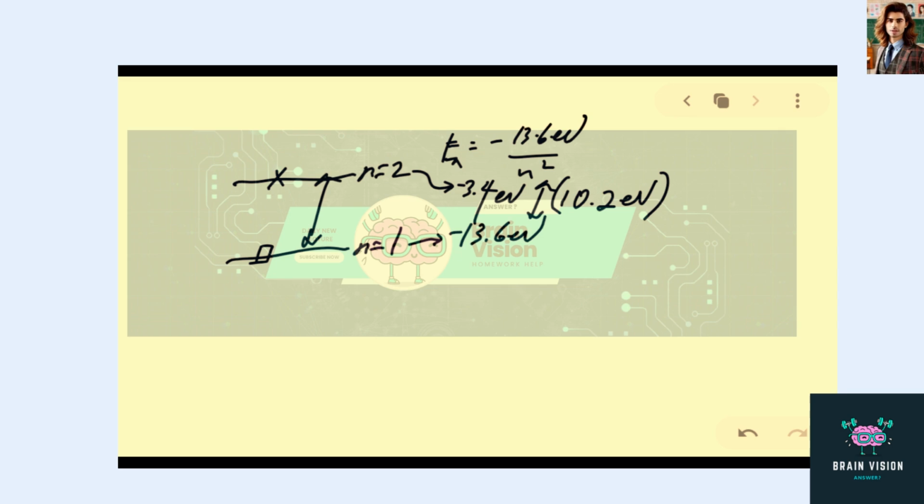So if you have some temperature, there will definitely be some distribution between n equals 1 and 2, although it is definitely more biased towards the n equals 1 state.